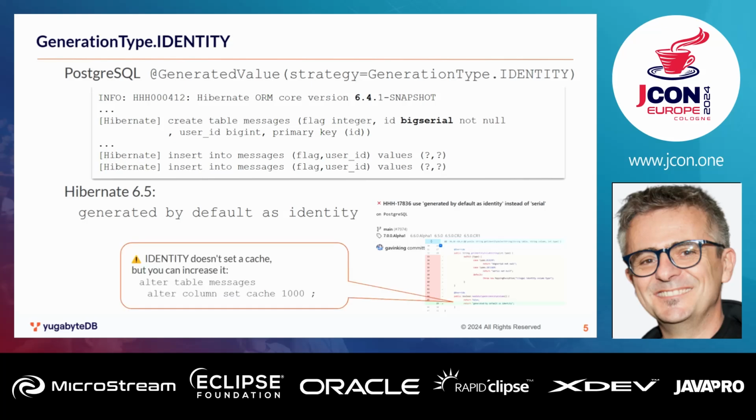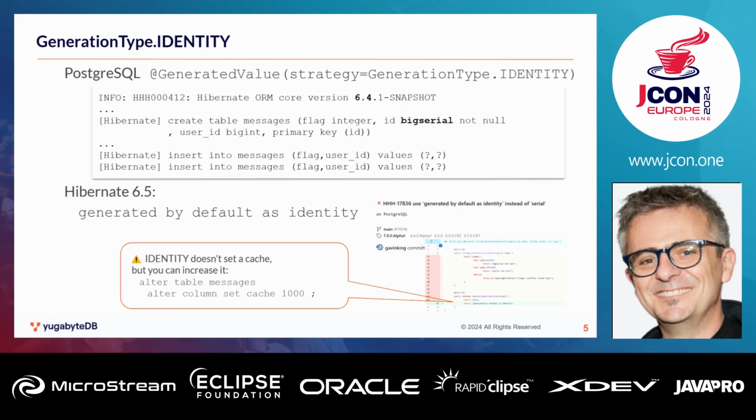And yeah, you can see what it generates. Nothing more than that. And this means that it doesn't set a cache in the database itself. So you avoid round trips to the database, but within the database for each row, it will update a sequence, and this sequence is a single point of serialization.